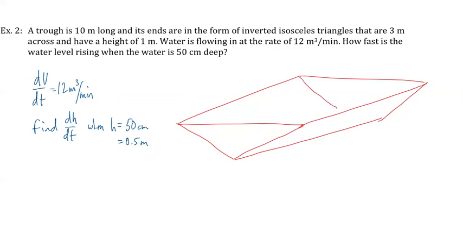That's off. I have one too many side links. I'm going to have to fix this. There we go. Okay, something like that. So then I'm going to draw my water level. The trough is 1 meter tall, but the height of the water is only half of that.